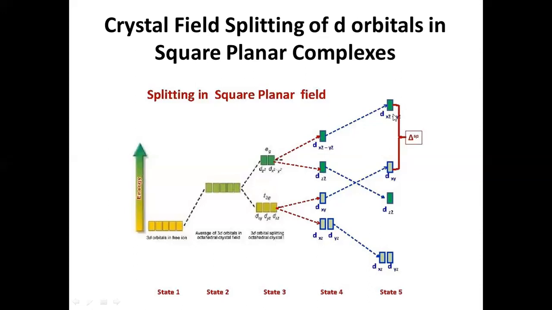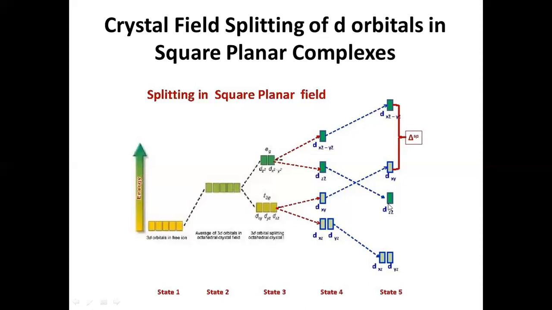The dx square minus y square is present along the axis, and dxy is present in between the axis. So the one present along the axis increases completely in energy, and the one in between the axis also increases in energy, but not to the extent of dx square minus y square. The dz square orbital automatically reduces in energy, and dxz and dyz are reduced further.